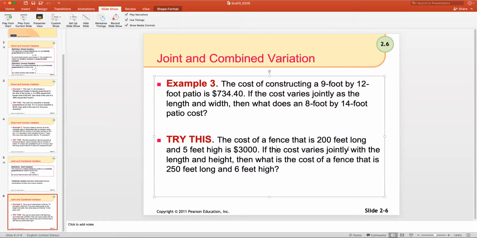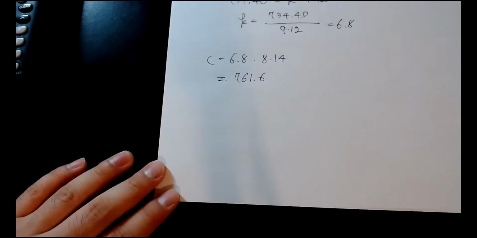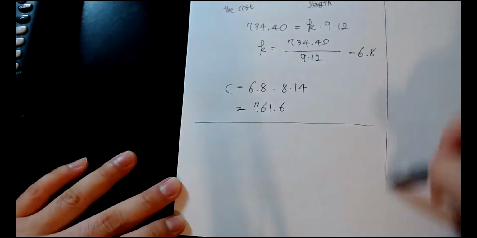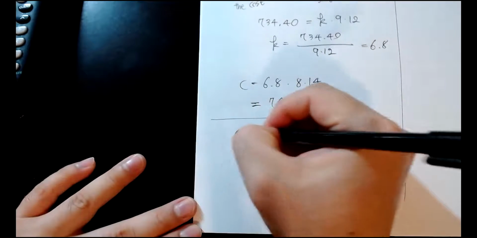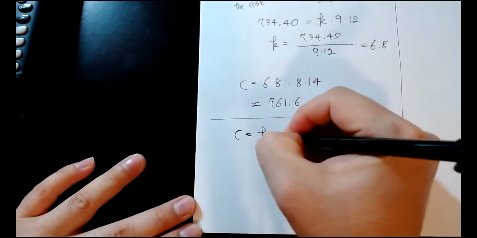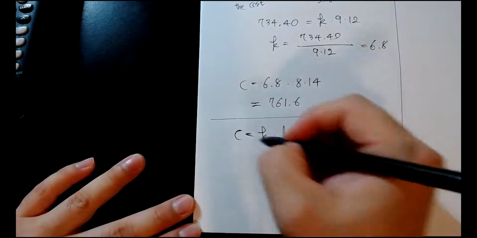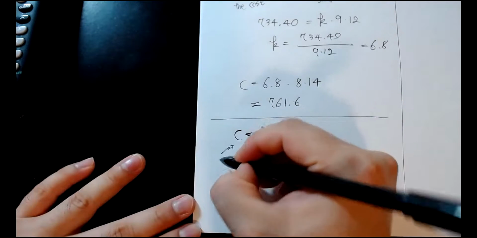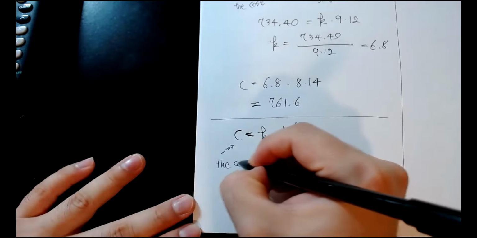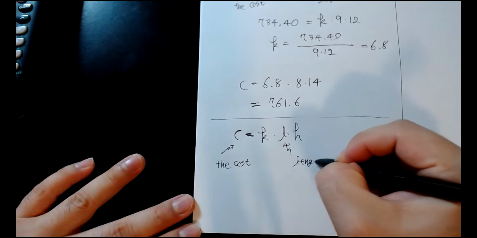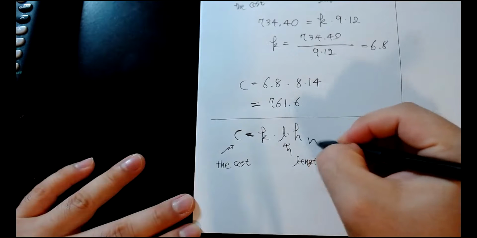If the cost varies jointly with the length and height, then what is the cost of a fence that is 250 feet long and 6 feet high? You can say C is equal to K times L times, let me use H. C means the cost, L means length, and H means height.